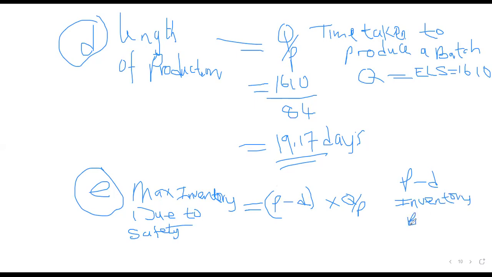When you're building up inventory, it means your daily production should be more than your daily demand so that you can have some stock that you can keep. So this is the maximum inventory level without safety stock.